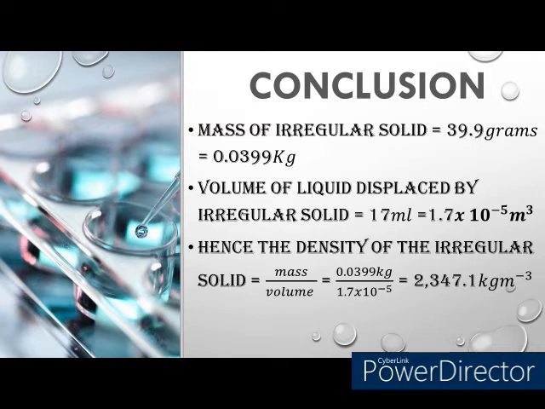By simple conversion into meter cube, we got the value 1.7 times 10 raised to the power of minus 5 meter cube. So to finally deduce the density of the irregular solid, using the formula mass over volume, substituting the values and calculating, we got that the density of our solid is 2,347.1 kilogram per meter cube.